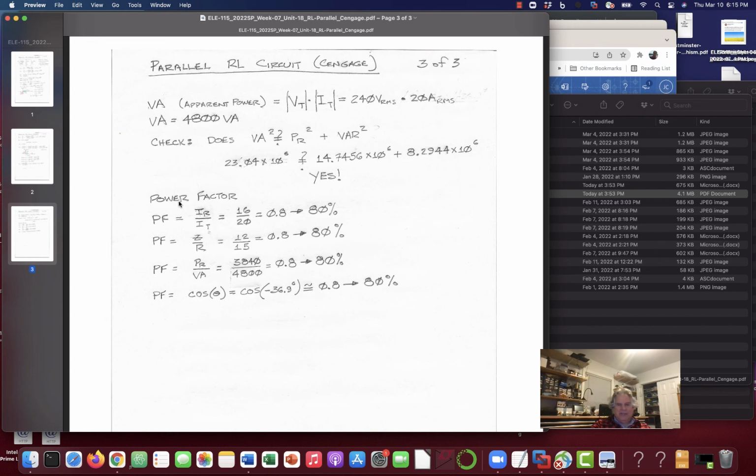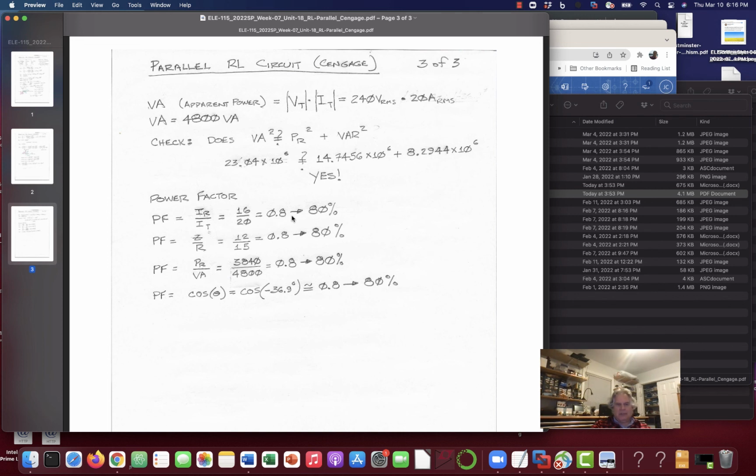Now, power factor, you can find a number of different ways, and I'm taking these ways from the Cengage material. And again, on some of these, I should have absolute value or magnitude type things. The power factor is equal to the magnitude of IR divided by the magnitude of IT. It's 16 over 20, which gives you 0.8.